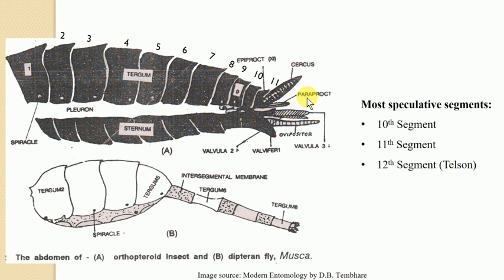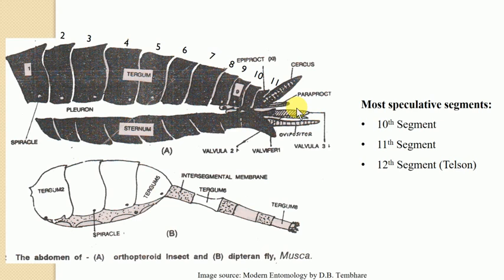This segment, that is 12, is represented by the paraprocts alone in the Thysanura. In Thysanura only the paraprocts are present where the epiproct is absent, and the same condition also occurs in the Ephemeroptera, where only the paraproct is present and the epiproct is absent, while in Odonata the structure is lost completely at the adult stage.